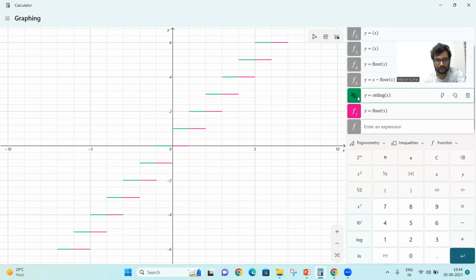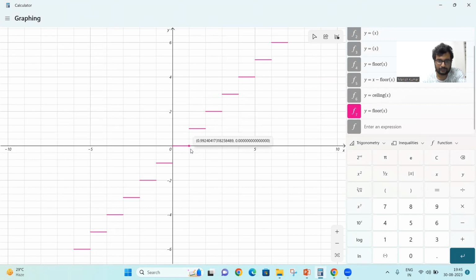You can see, when the value of x is between 0 and 1, the value of floor x is 0, and between 1 and 2 the value is 1. This is for the greatest integer function.